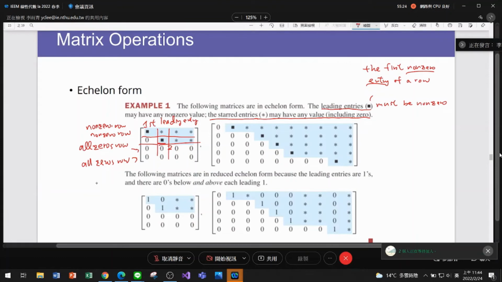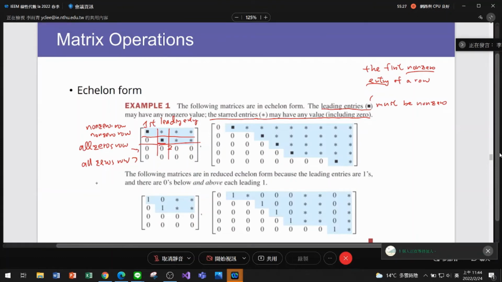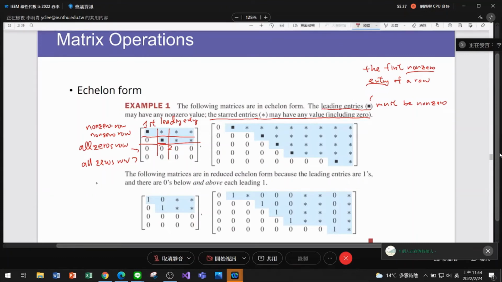Okay, but I think this description is much easier for you to memorize through this kind of example. Basically, we just need to have a gradually going down stair looking shape.